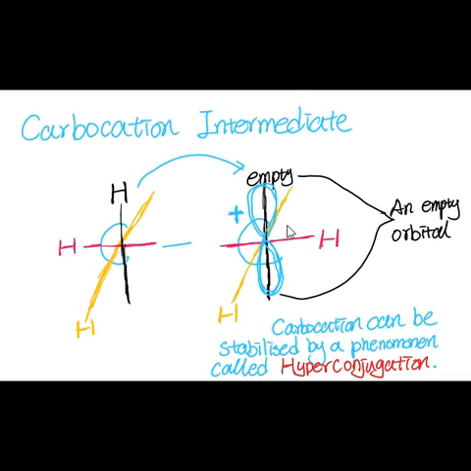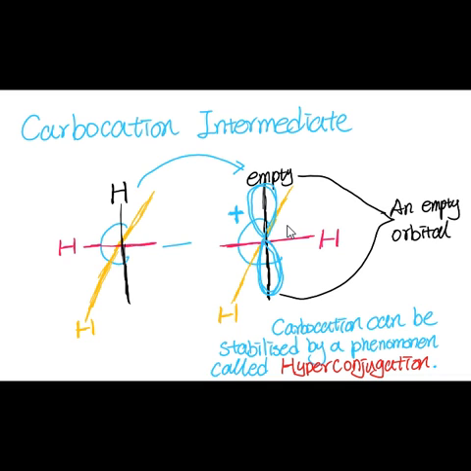So electron density from the neighbor carbon group, from their sigma bonds, can be shared, so some of its negativity is donated to stabilize the empty orbital.